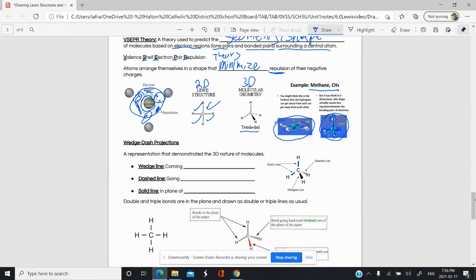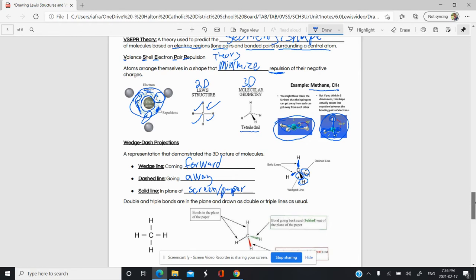Usually the wedge line, this thick line over here, represents atoms coming towards you, coming forward. The dashed line over here represents atoms going away from you, into the screen, behind the screen. And then the solid line is in the plane of the screen, since you're watching this, or paper if you're drawing it. So this is in the plane of the paper there.